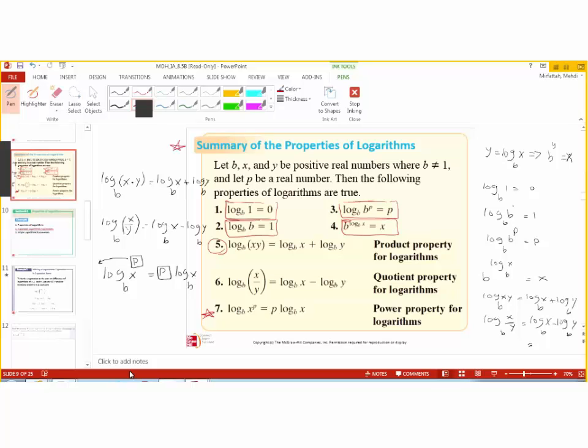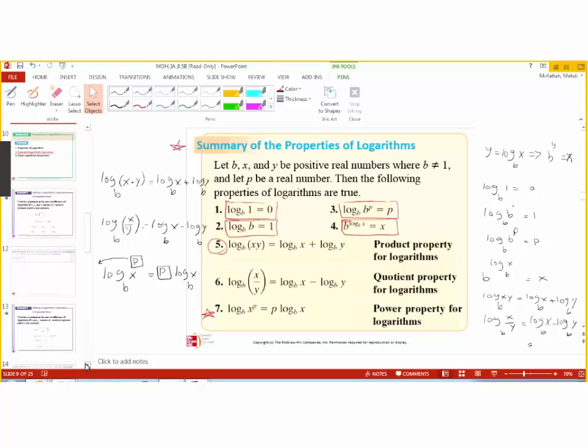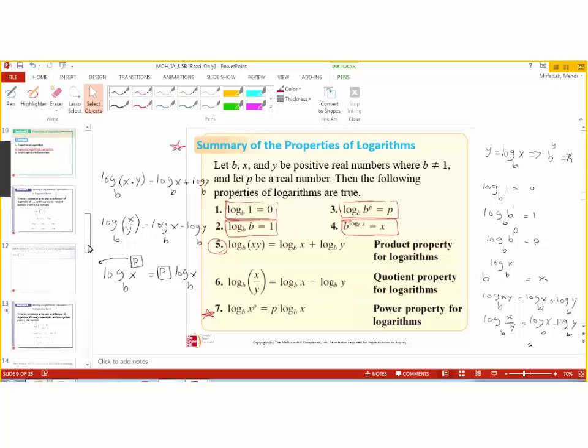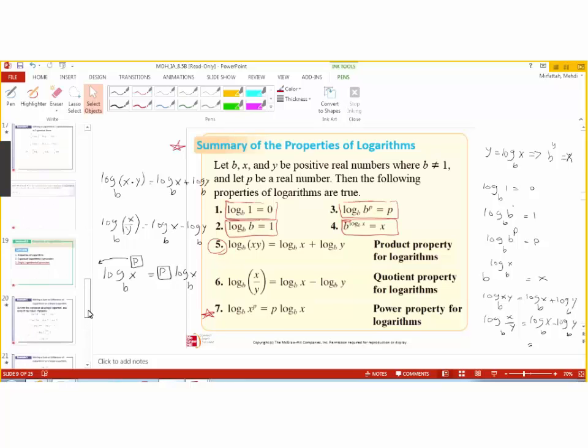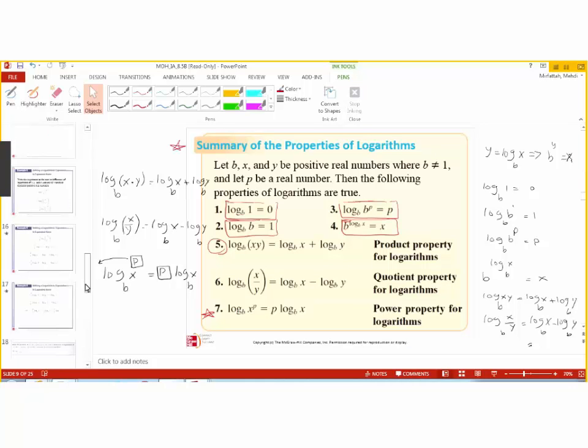Okay. So you need to know all these in order to proceed with these examples. So let's take a look at some examples here where we use these properties.